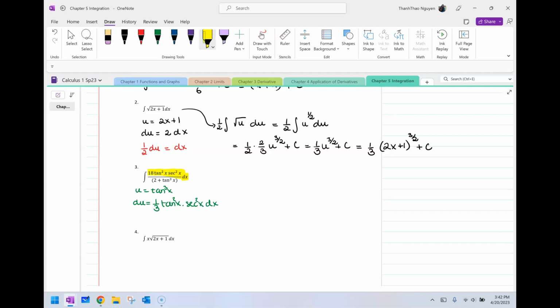But here I have an 18 tangent squared of x secant squared of x dx. Well, I can solve for it. This is telling me that 3 du equals tangent squared of x times secant squared of x dx.